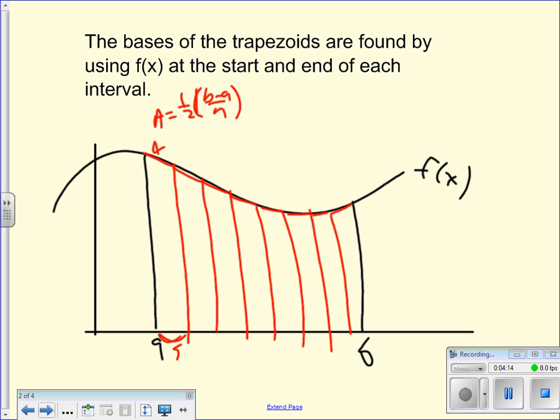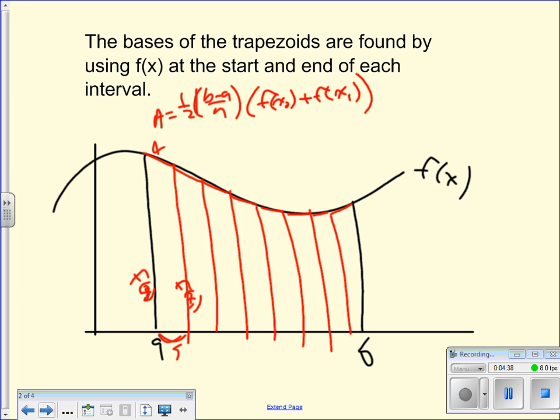Or, in this case, f of A and f of x sub 1. But I'm not going to call it f of A. I'm going to call it f of x sub 0. So I have that times f of x sub 0 plus f of x sub 1. That's the first trapezoid.